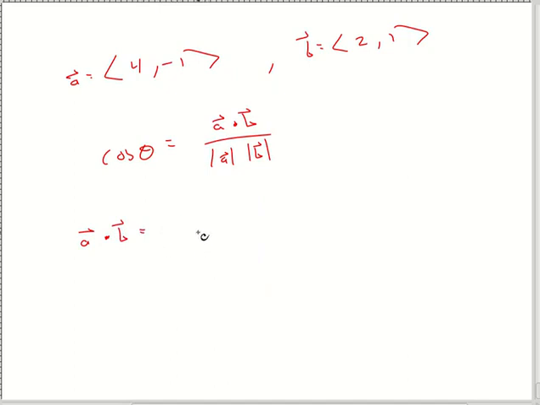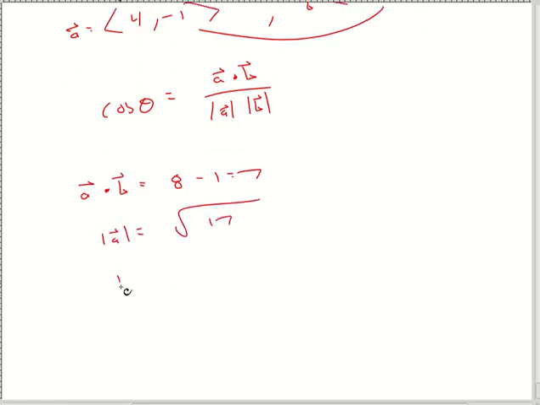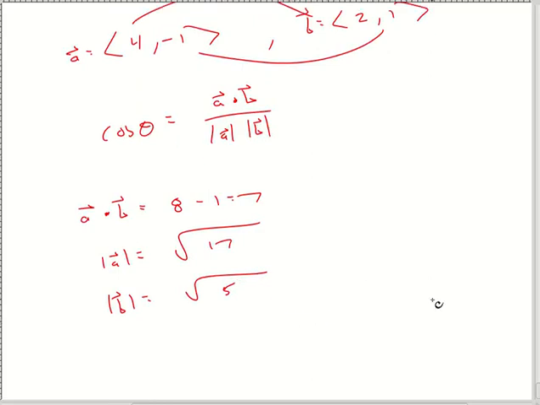Again, you're getting a scalar. So 8, again, I'm multiplying. 8 minus 1 is a 7. Magnitude of A, the square root of 17. And then the magnitude of B is the square root of 5. Okay, so putting it all together.